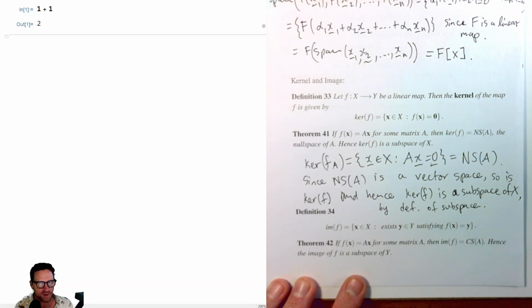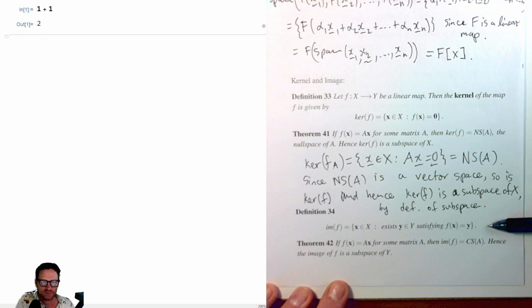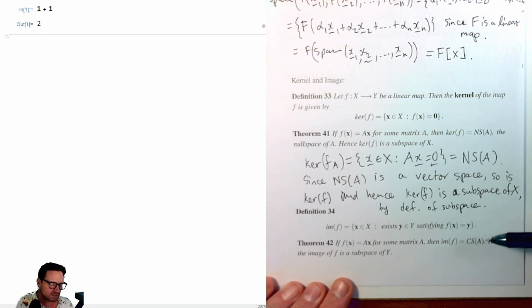So remember back when we talked about the map sending the integers to the real numbers by squaring that integer, and the image of the map was the set of all squares of integers, so 0, 1, 4, 9, 16, 25, and so on. So this looks a little bit tricky, but it's actually not so difficult to conceptualize what the image is. It's the set of all outputs of your linear map.